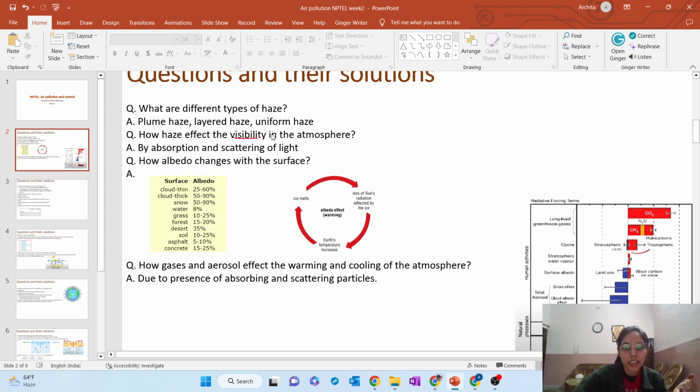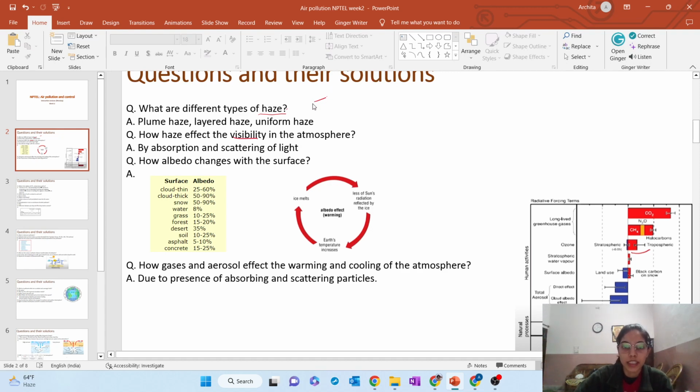Now, the reason that the visibility of the atmosphere gets affected is because of haze. Haze is when the air particles or the air pollutants interact with the sunlight and the water vapor. They create this sort of structure which actually leads to depletion in the visibility. Right.